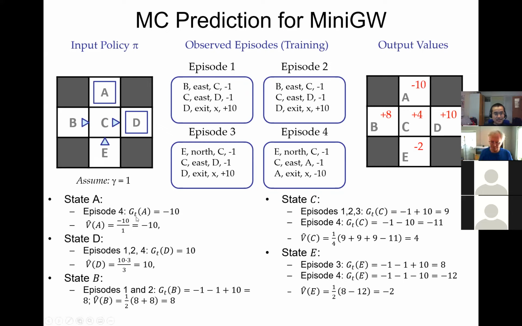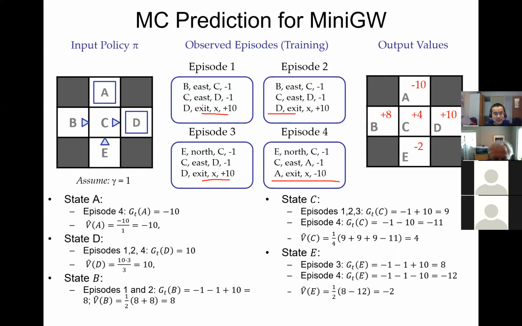So in state A, you have a single state A. That's the only one. So you exit with -10, so your value is -10. State D, you exit with +10, 3 times, so you have 3 times 10 divided by 3.